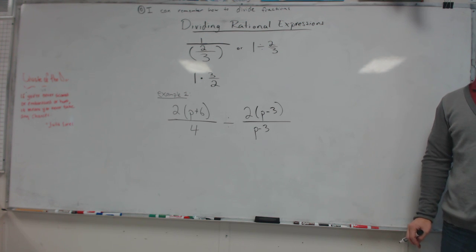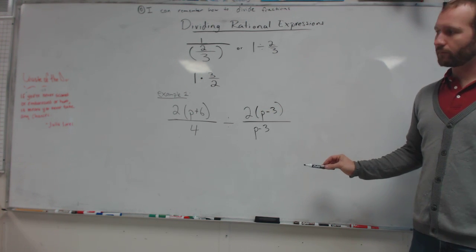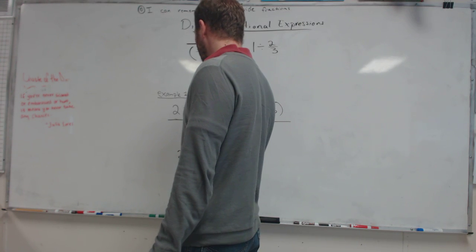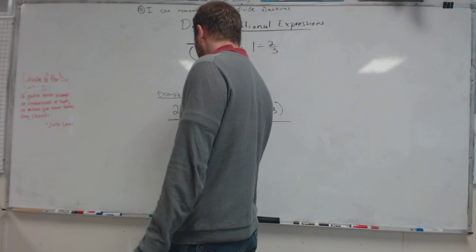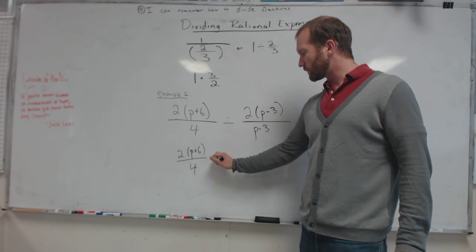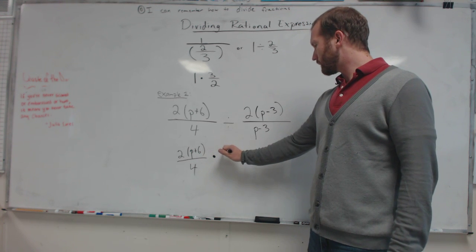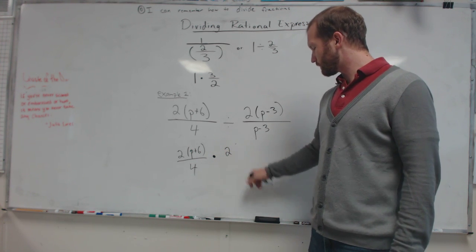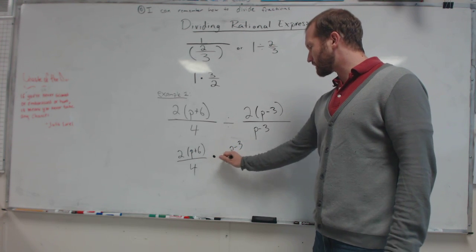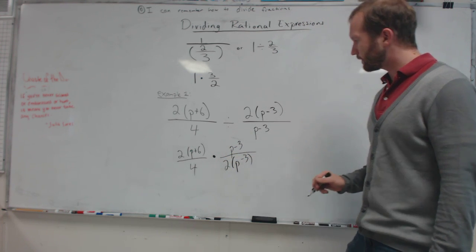I just have to flip the second one and turn the division into multiplication. The first fraction stays the same: 2 times (p plus 6) over 4. The division changes to multiplication, and the second fraction changes to its reciprocal, so the bottom becomes the top and the top becomes the bottom: (p minus 3) over 2 times (p minus 3).